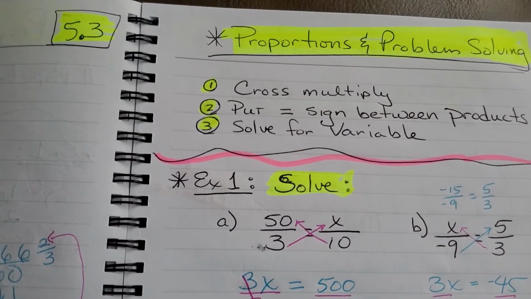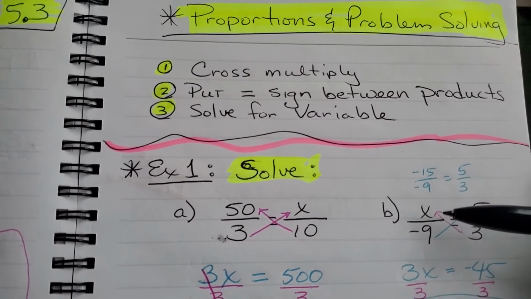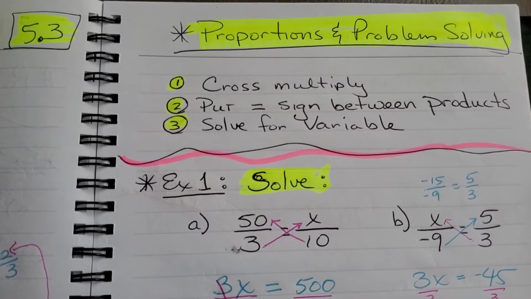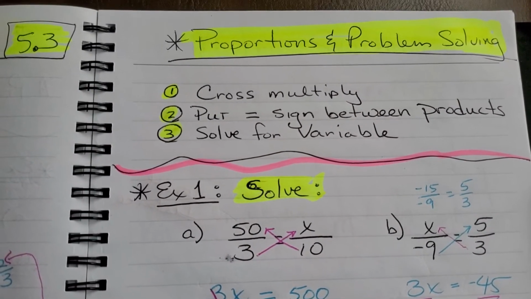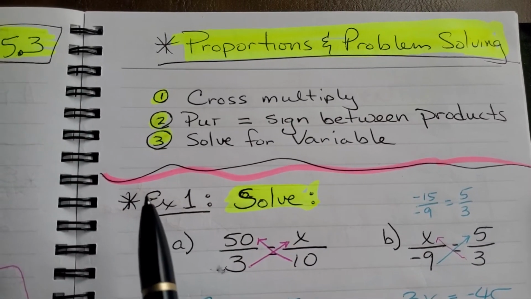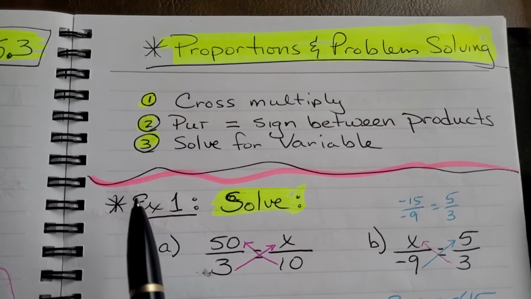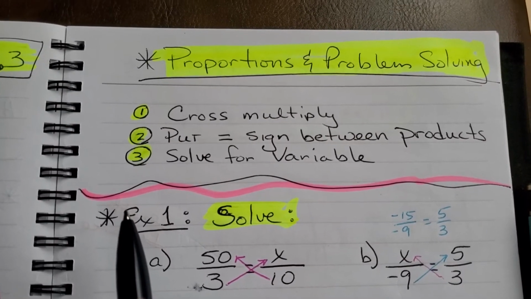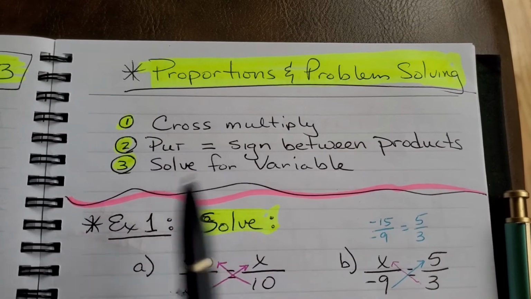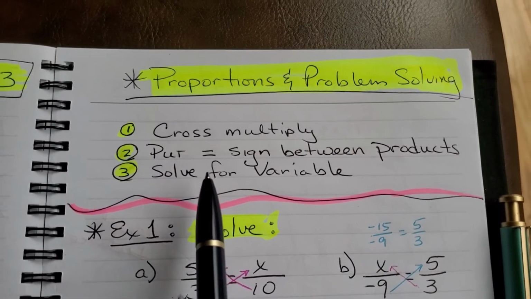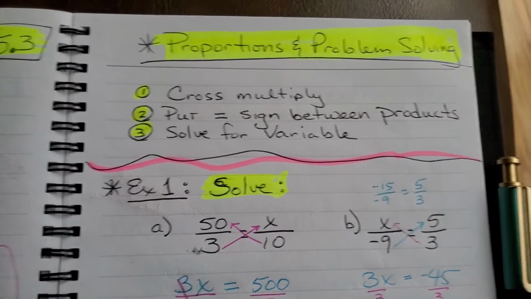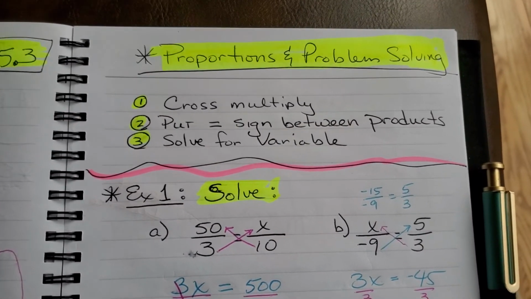Anytime we're dealing with fractions and we have an unknown, these are proportions. So we are going to cross multiply and solve, all right? Here are our steps. First step, cross multiply. We just did that on the previous page to prove equal fractions. Second step, put an equal sign between those two products. Then solve for the variable.